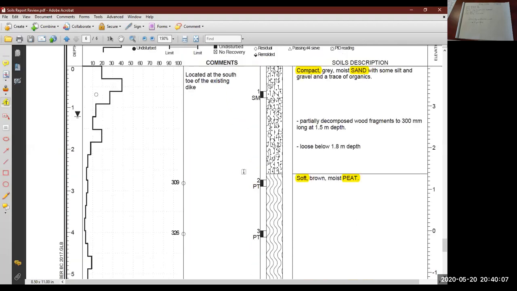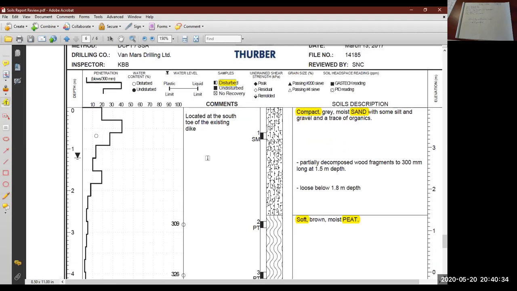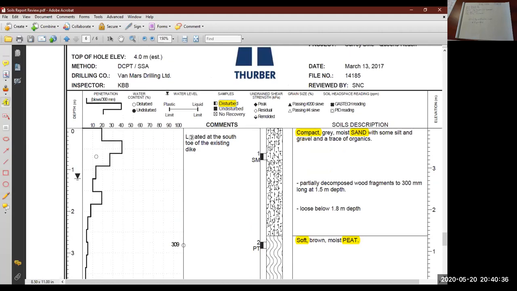If a core was done where the majority of the material was a clay or a silt type material, that would typically be undisturbed. So when the core bit was pulled out of the ground, a cylinder of clay would come out. It wouldn't break into pieces. That's what that means.